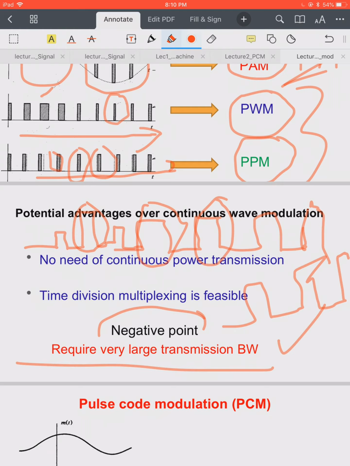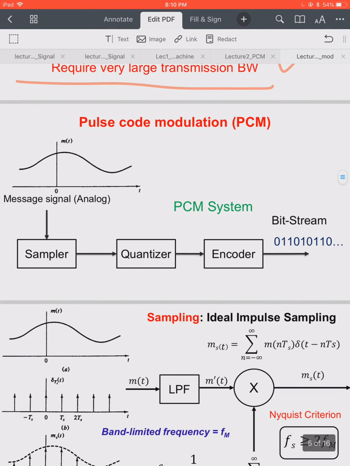Now I will be focusing mainly on the most important form of pulse modulation, that is called pulse code modulation, or PCM, right? So PCM is basically a tool for converting an analog signal into a digital signal.